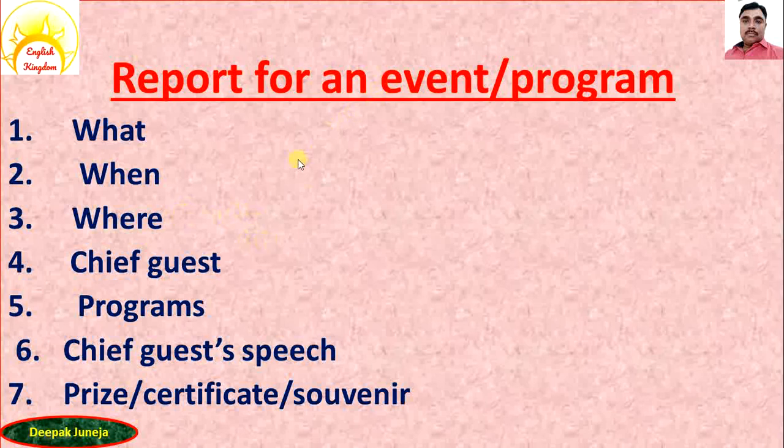And if it is an event, it is likely that a chief guest will be there, other dignitaries, other guests will be there, what programs were held, and you have to write about the chief guest's speech also, what the chief guest said, and at the end of the program, prizes, certificates and souvenirs are also given. And at the end of the event, some breakfast serving is also there. So you should include these points if you are reporting for an event or program.